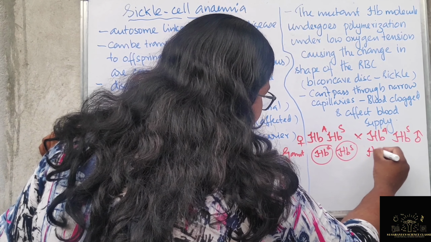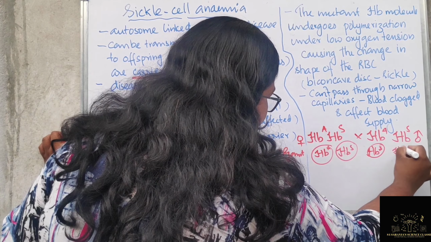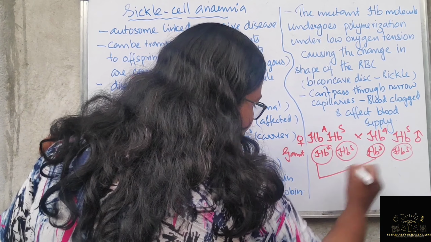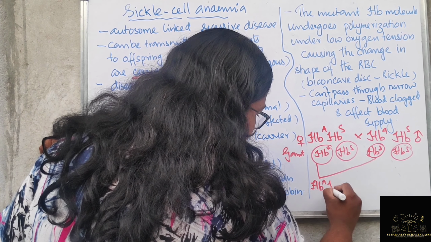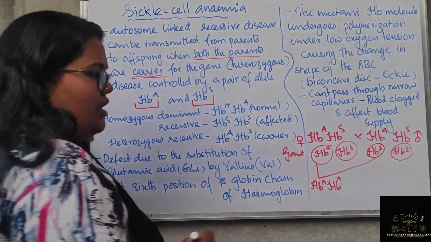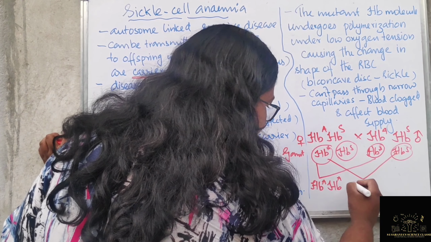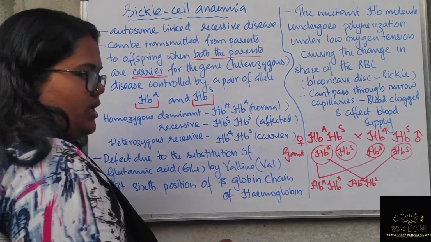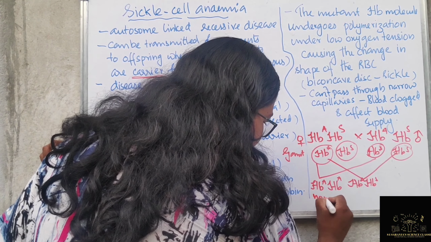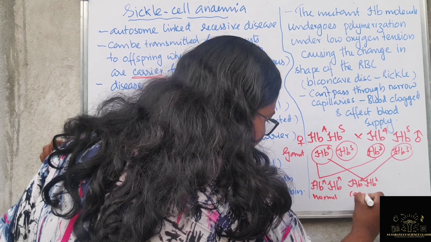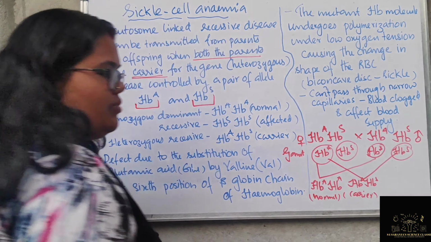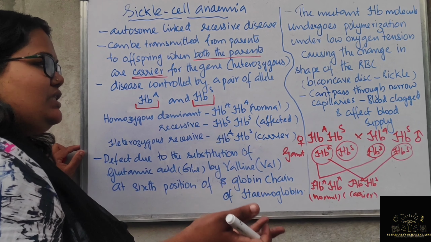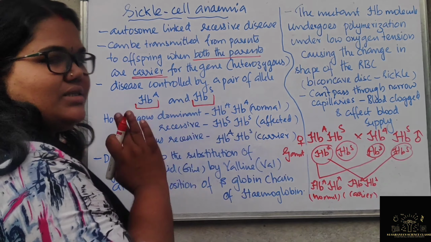You can see that HbA and HbS, and if they are crossing together, you can see HbA and HbA, which is the normal one, right? And what about this one, HbA and HbS? So here this will be a carrier, a normal, and this will be a carrier. We cannot say whether it is male or female, because here it is related to the autosomes, so there is no male and female. Whether male or female, this is the condition, right?